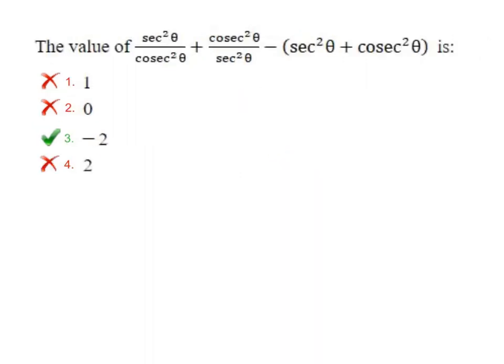The value of secant square theta by cosecant square theta plus cosecant square theta by secant square theta minus secant square theta plus cosecant square theta. You can substitute the theta value, or else you can convert the whole thing into sin and cos. So first I am converting the whole thing into sin and cos. Now this gives me sin square by cos square plus cos square by sin square minus 1 by sin square, 1 by cos square.